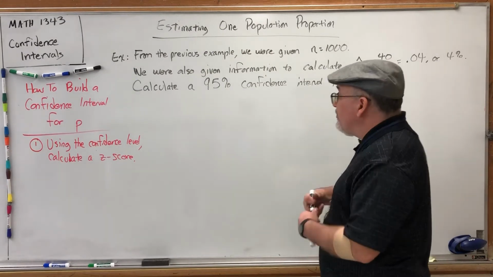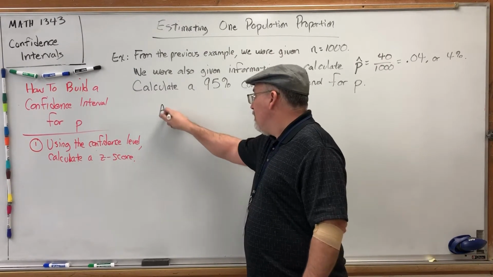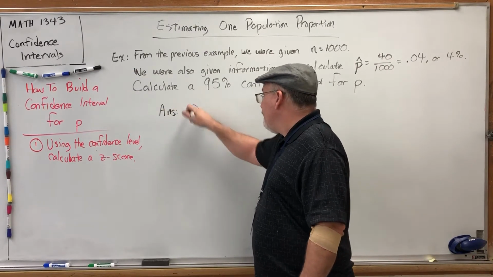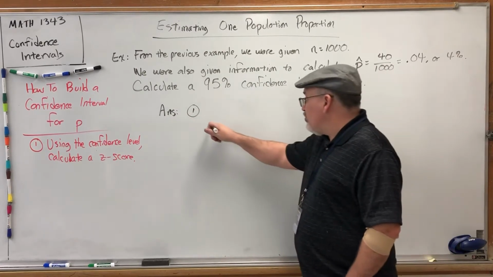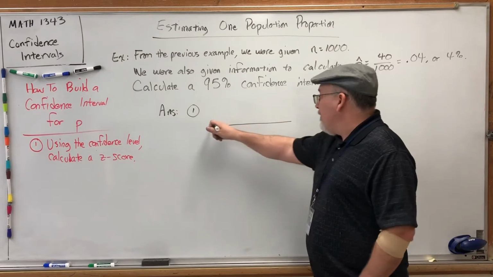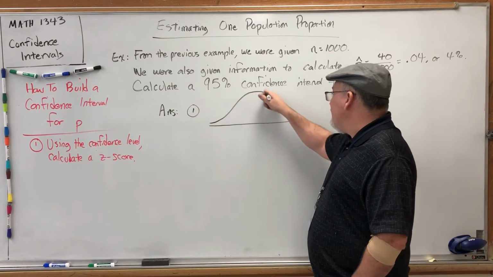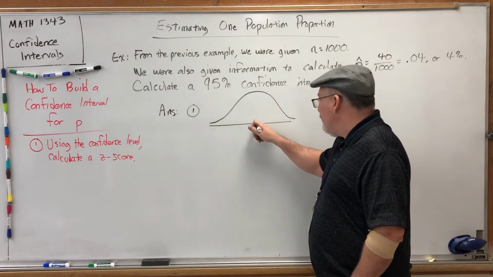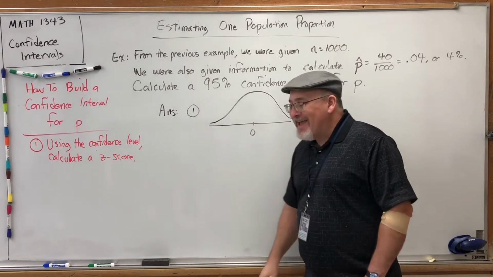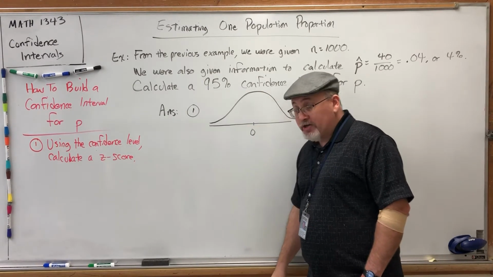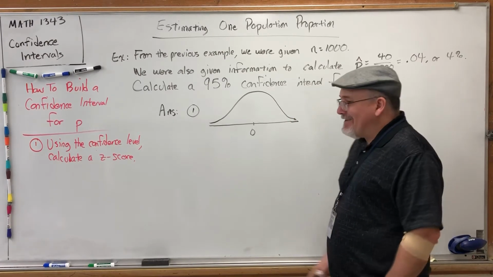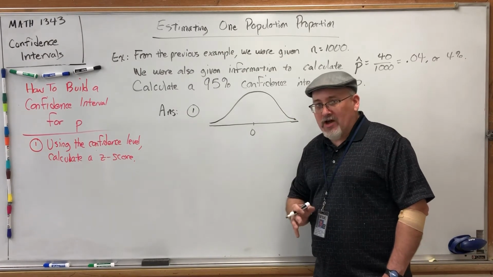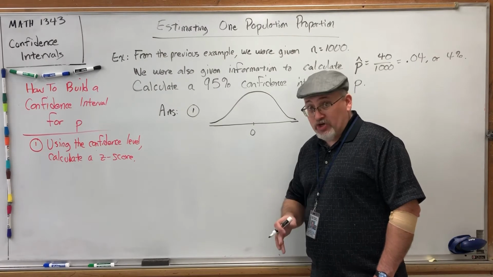The way that you use the confidence level, so this is step number 1, is you sketch a standard normal distribution. And remember, a standard normal distribution means that the mean is 0, the standard deviation is 1, and we get to use the z-chart. But what the confidence level represents is the center area of a standard normal distribution curve.